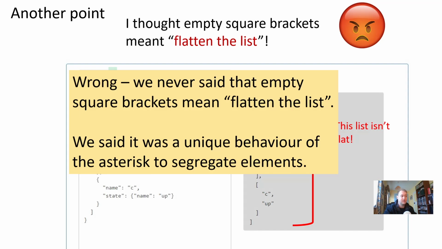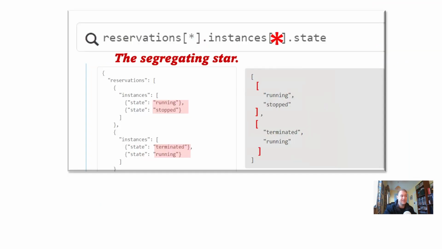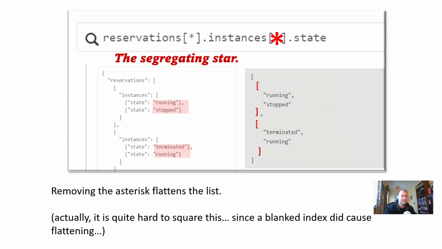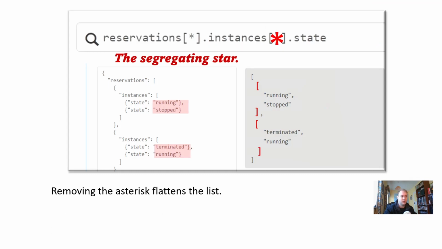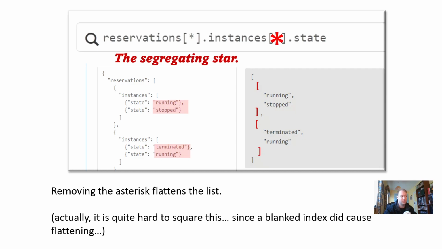We said that the asterisk meant that you didn't have a flat list. Remember, removing the asterisk flattens that list, and it removes those red square brackets. But then I lost a train of thought there, because that doesn't really work, does it? That means that empty square brackets do cause flattening, so it's quite hard to square this.